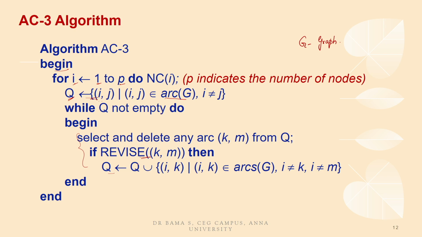If we are able to get arcs into this q again and again, we will revise them, and at one point of time this q will be empty, and when it is empty we will come out of this algorithm, and the solution is obtained. At first instance, it may look intimidating and it may not be clear. We will do this example and then we will revisit the algorithm later.